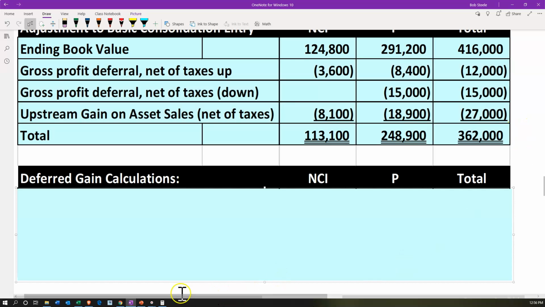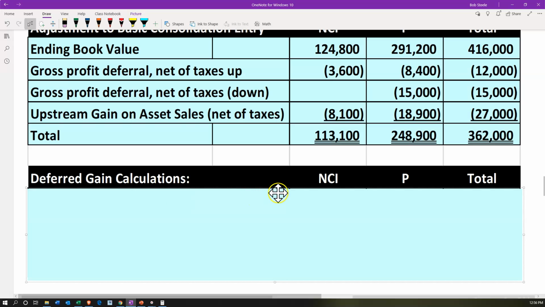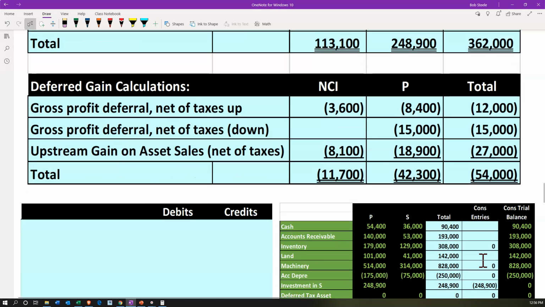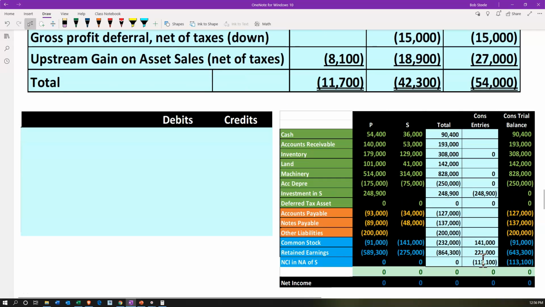So we just basically took these numbers, put them down here, same numbers in the middle calculation, and then we're summing them up. So I'm summing up the entire row here, and there's going to be our adjustments. Okay, so now having that, let's consider our first journal entry.